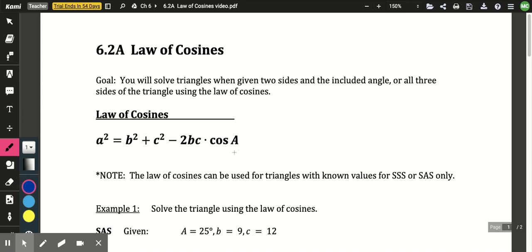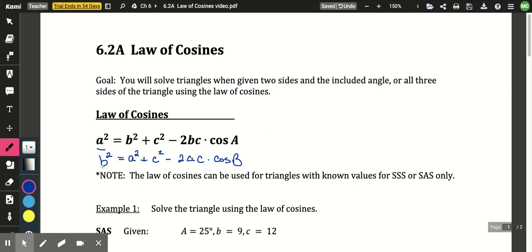Now this is actually just one version of the law of cosines. You could use this with any of the three sides. The main thing is if you have b there instead, then at the end you would have cosine of B instead of cosine of A. And in the places where we've got b squared and c squared, instead of b squared we'd have a squared, and here instead of b we'd have a.